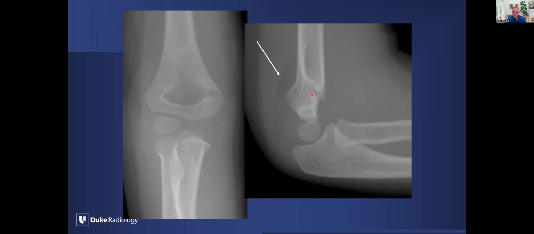And then if we, again, identify a radiocapitellar line, in this particular case, the anterior humeral line does not even come close to the anterior 1/3 of the capitellum on the lateral view. So we know we have a more displaced supracondylar fracture, but it looks like the posterior cortex is intact.